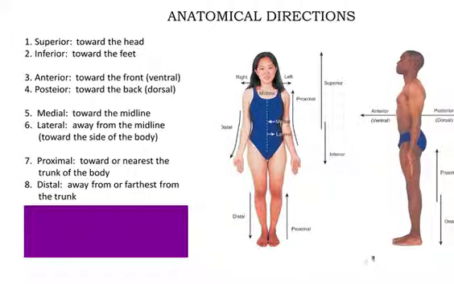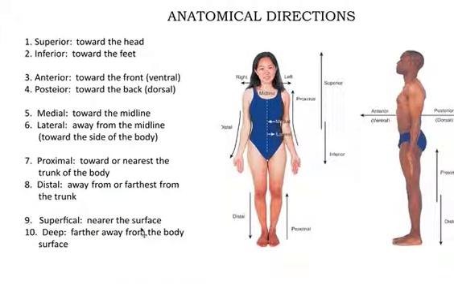So if I said that something is proximal to the trunk of the body, so let's say my hand is going to be distal, which means farthest away from the trunk, then my elbow is proximal to the trunk of the body. So the hand is distal to the elbow. And we'll practice a lot with these terms in class as well.